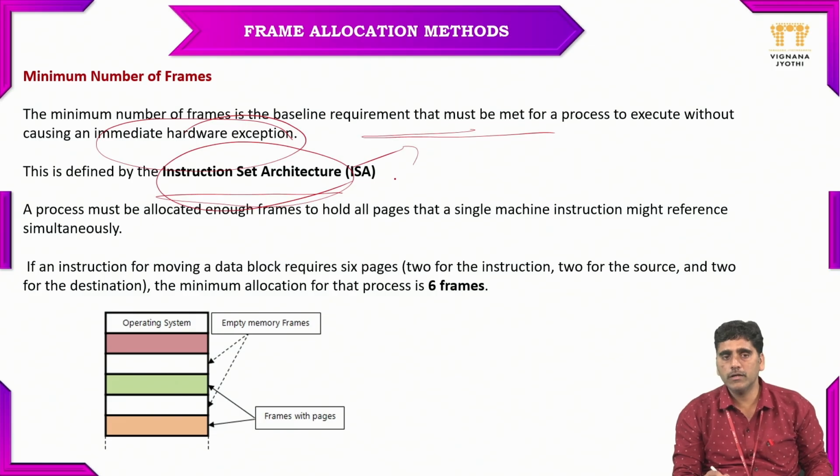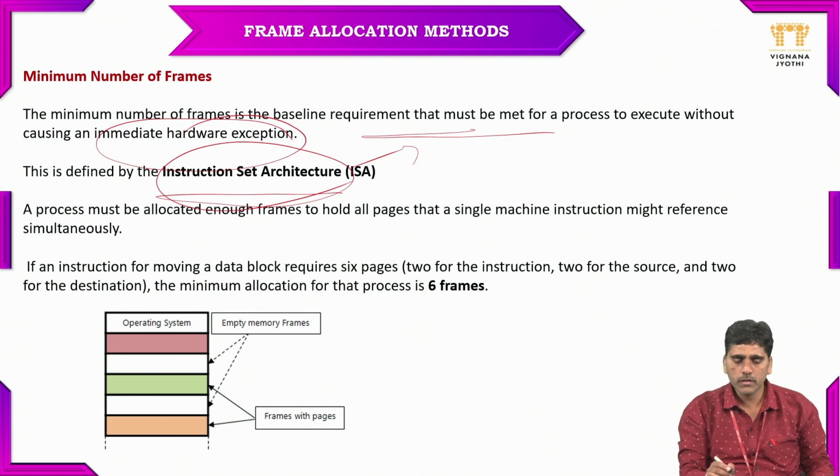The minimum number of frames available for each process to execute without causing any hardware exception, hardware failures or hardware interrupts is defined by the instruction set architecture, called ISA.